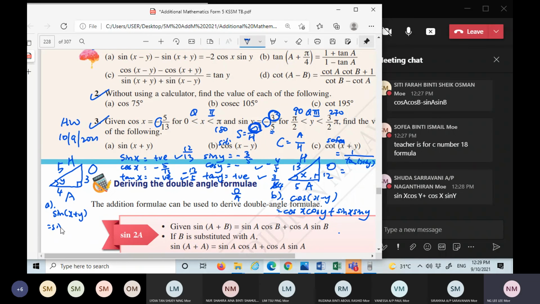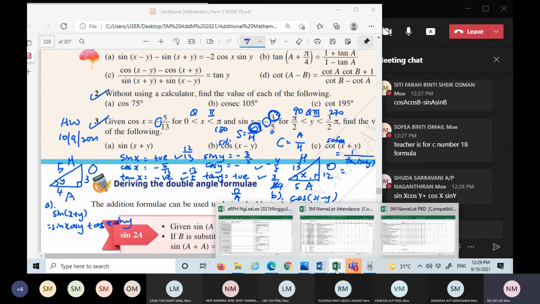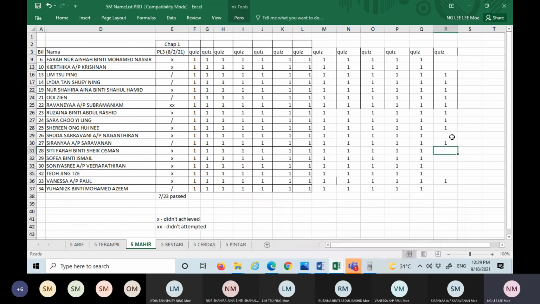So I write sine x cos y plus cos x sine y. Okay. So Shuda, I can give you 1 mark. But Siti Farah not yet.